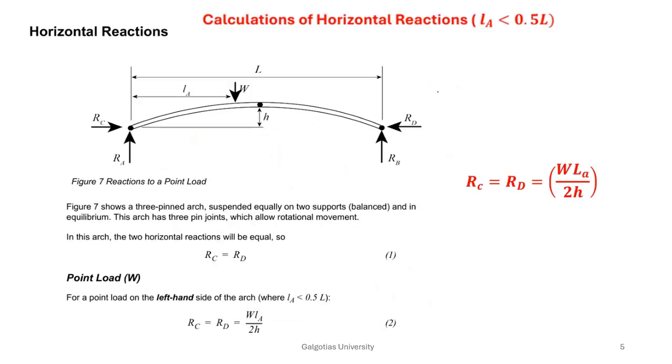Now proceeding further, you can see that this is the case 1 calculation, and we find that RC is equal to RD equal to W times LA by 2H, where H is the rise of the arch. Now you can see that this W loading is applied at a distance LA which is less than L by 2. So this distance is L by 2. As you see, LA is less than L by 2. So for that, you get RC equal to RD equal to W LA by 2H.